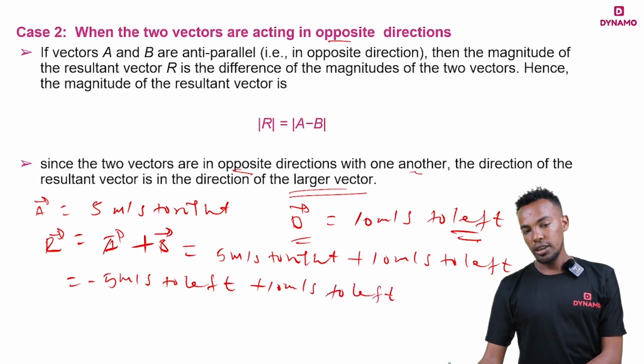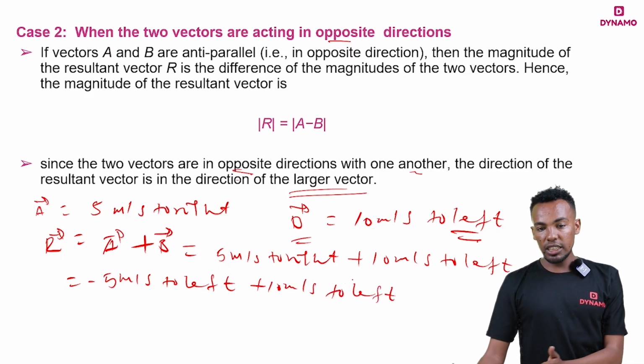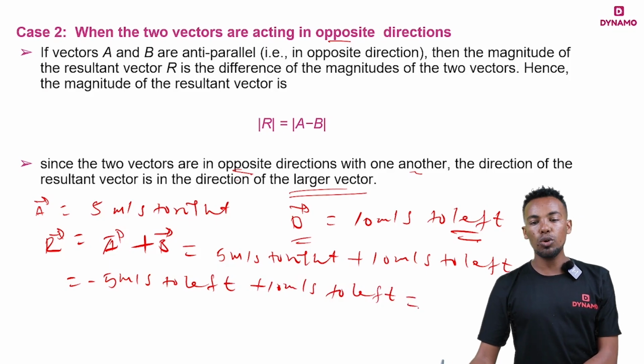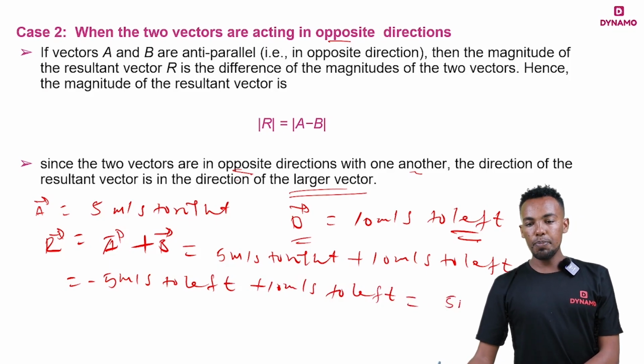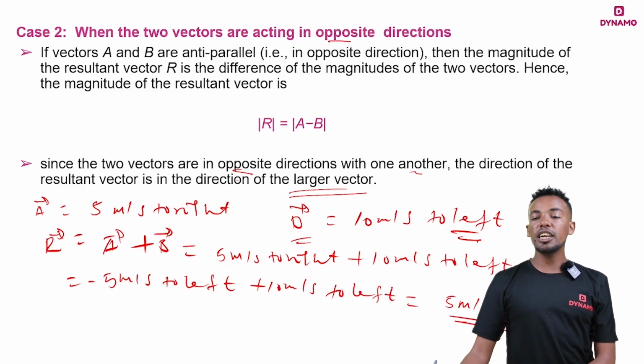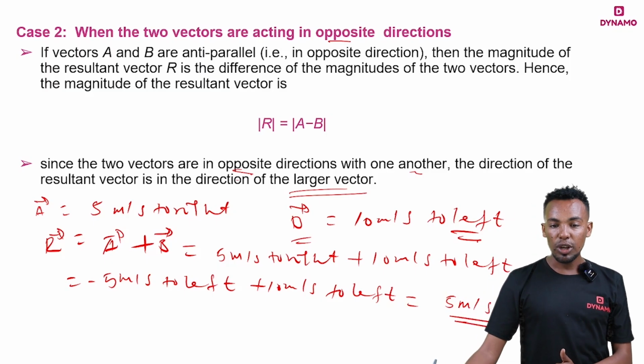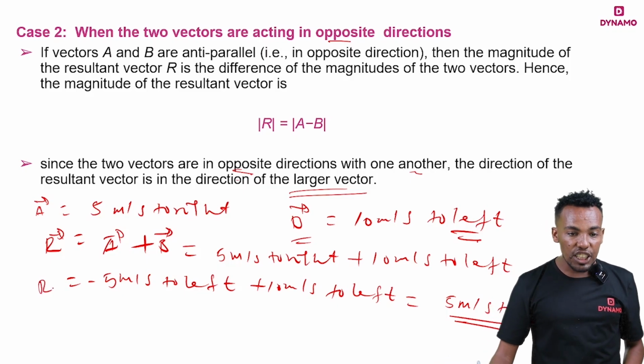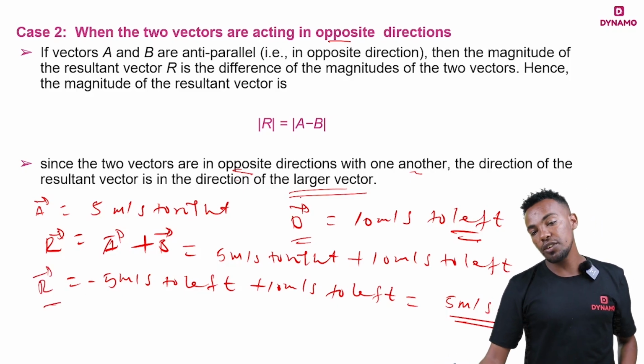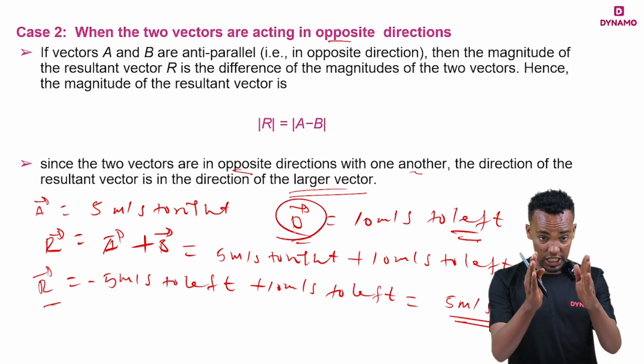This is equal to 5 meter per second to left. So the direction of the resultant is left. Therefore the resultant vector has the same direction as the larger vector, vector B.